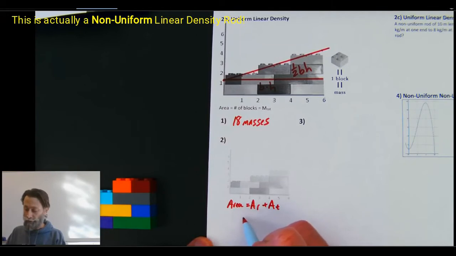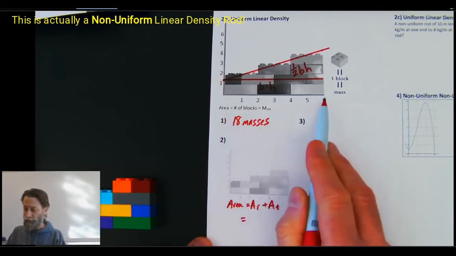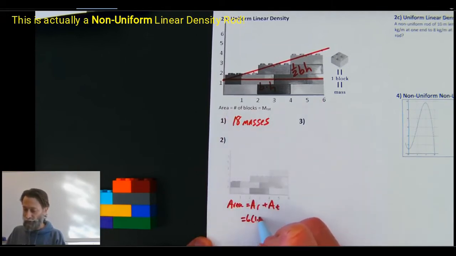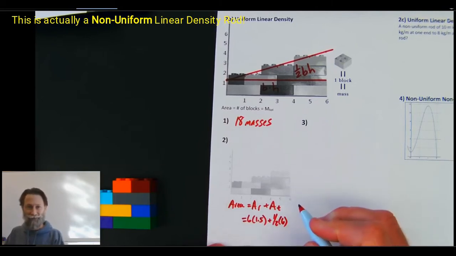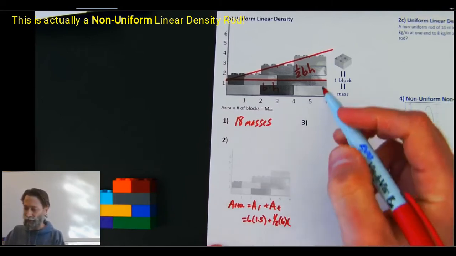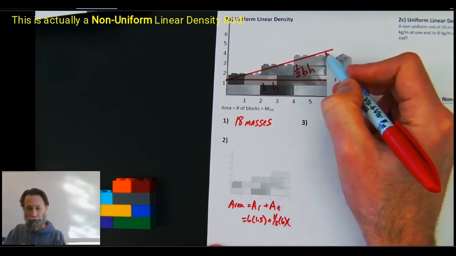So the area of the rectangle is going to be the base, which will be 6 times 1/2. The area of the triangle will be 1/2 times the base, so half times 6, and then times the height, which is going to be 3.5. Is that going to be 3.5?